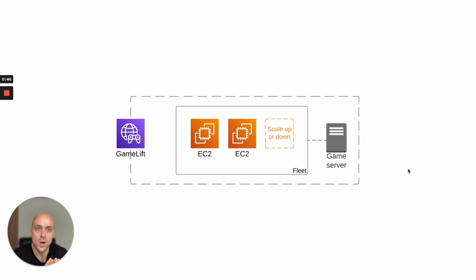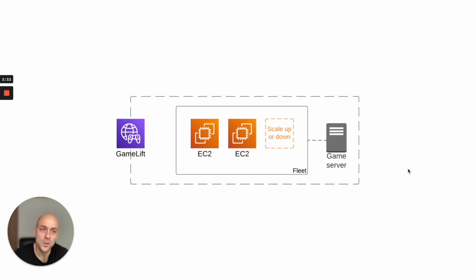Second thing, it operates the EC2 instances for you, meaning that you will never have to connect to the instances or install anything. When you run a new fleet, a game server is automatically created. And lastly, it scales the service for you.